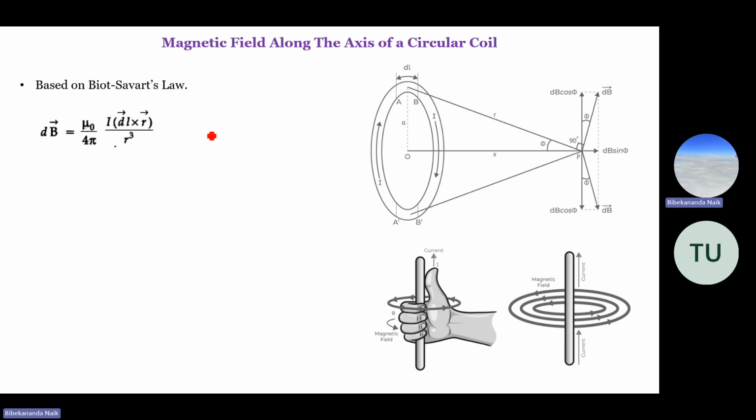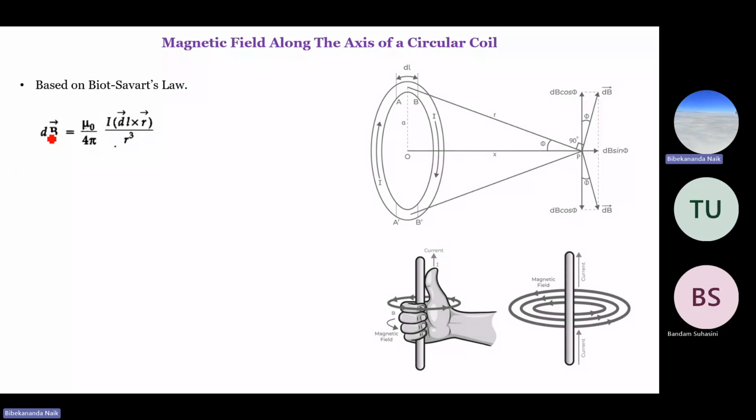So if you are measuring at a point P which is at a distance R from a current element, it will produce a magnetic field, because we know a current carrying conductor produces a magnetic field. If dl is the length of the coil element and I is the current flowing through it, then according to Biot-Savart's law, the magnetic field generated at distance R is dB equal to mu 0 by 4 pi I dl vector cross R vector by R cube.